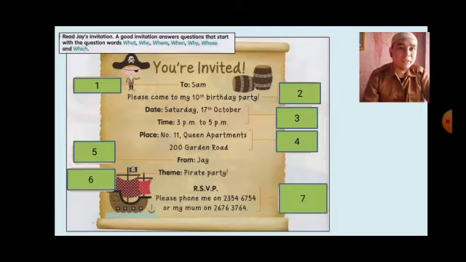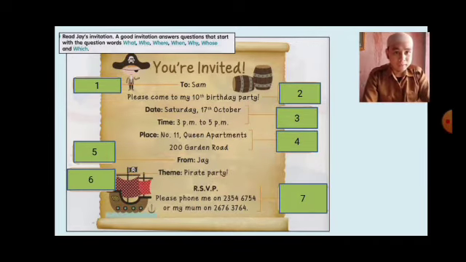Now, if you look at the screen, there is a party invitation there. You are invited, Sam. Please come to my 10th birthday party. Date: Saturday the 17th of October.